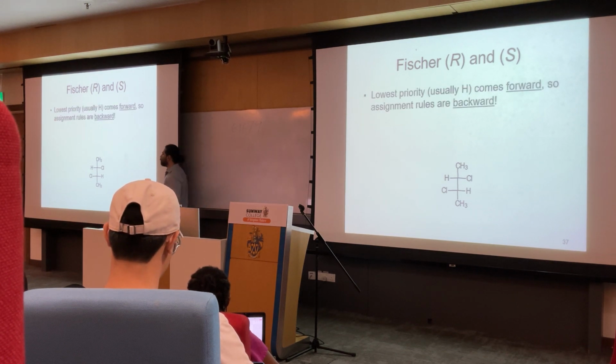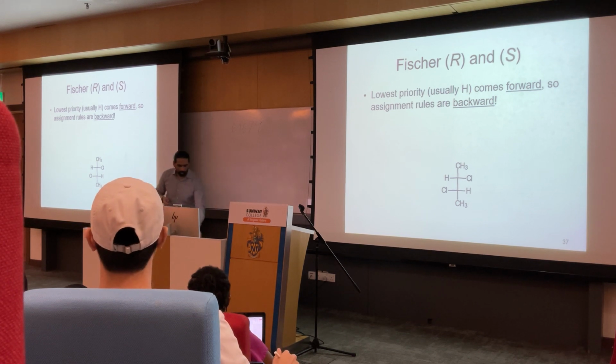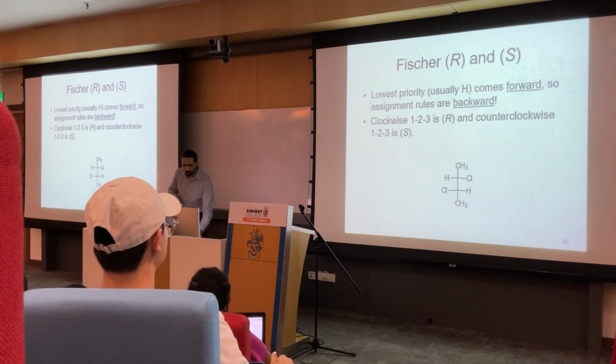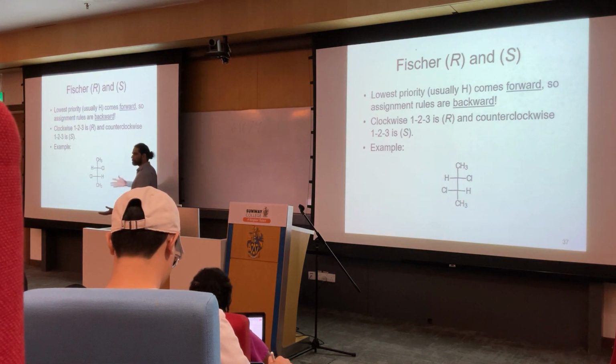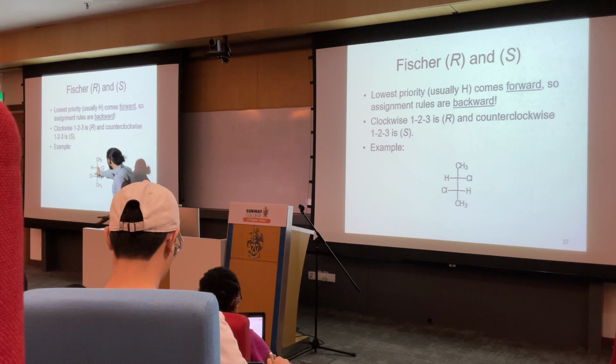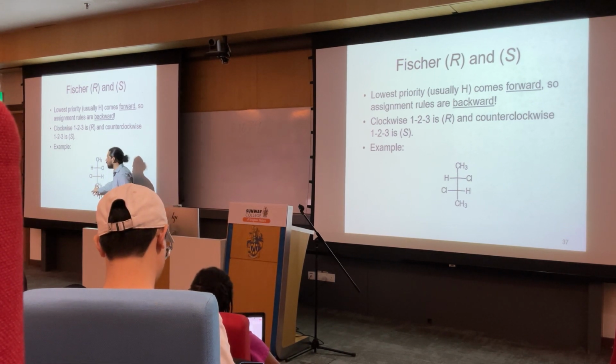Correct. So now, as we have seen the rules, where the longest chain should be and where the most oxidized group should be, right? As per the previous slide, the longest carbon chain must be vertical. So you see 1, 2, 3, 4 carbons are all in the vertical line.